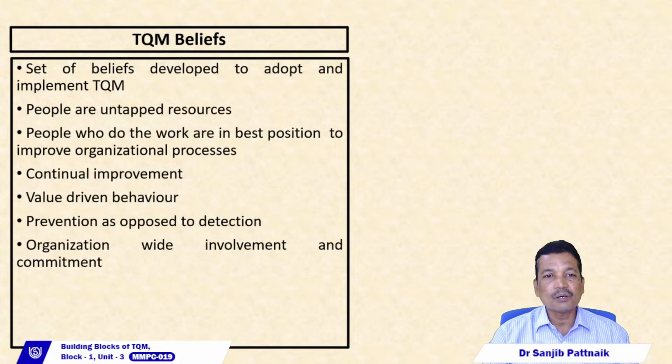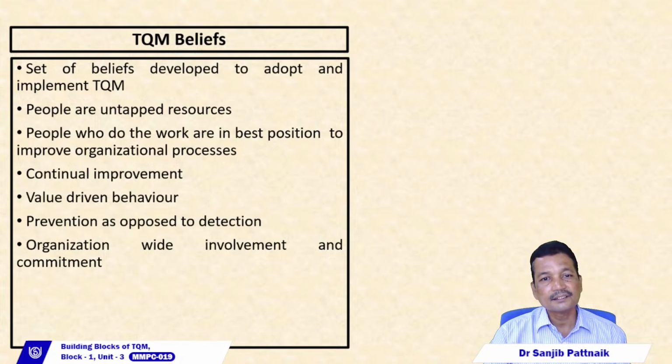People who do the work are in the best position to improve organizational processes. Just now we discussed that people in an organization are simply asked to do certain tasks and nothing else. We say that they are untapped resources.